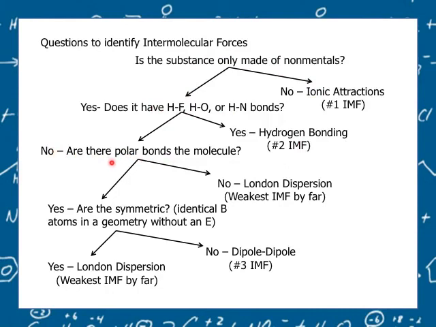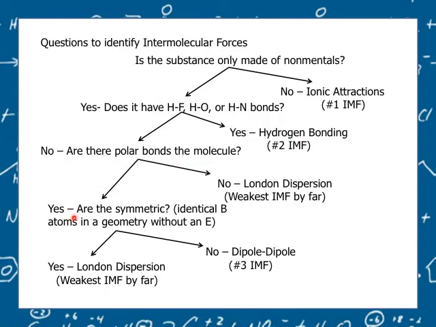Okay? Now we need to check to see if you just have ordinary polar bonds. Use your electronegativity differences. If you have no polar bonds, regardless of what the geometry is, no polar bonds means you are nonpolar. So you are London dispersion, which is the weakest by far. Now, if you have polar bonds, there's still a possibility that they cancel each other out, resulting in a nonpolar molecule as a whole.